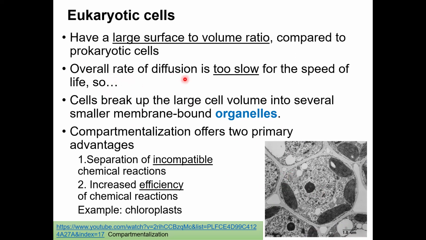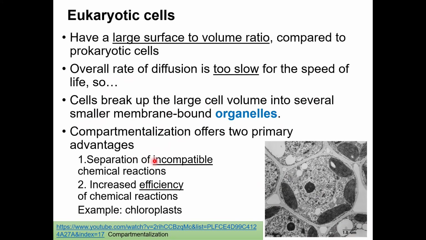And with eukaryotes, the overall rate of diffusion is very slow for the speed of life. So cells end up breaking up the large cell volume into several smaller components called organelles. And this compartmentalization allows these cells to have two primary advantages.